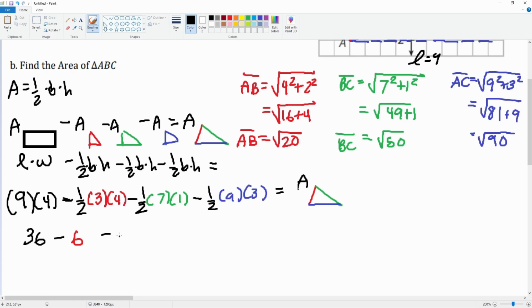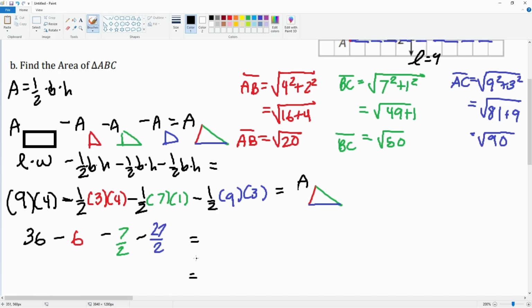That is 7/2, or 3.5 in a calculator. And then the blue one, you're going to minus 1/2 times 9 times 3, and that is 27/2.